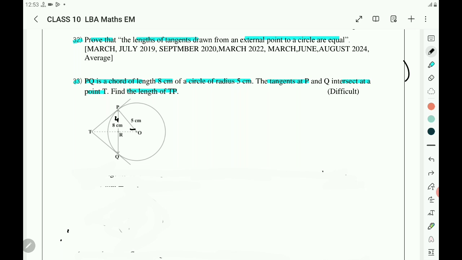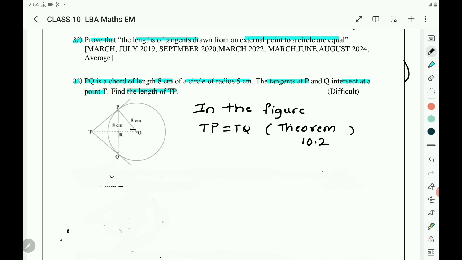Now you write, in the figure, TP is equal to TQ, that is according to theorem 10.2. Therefore, triangle TPQ is an isosceles triangle.